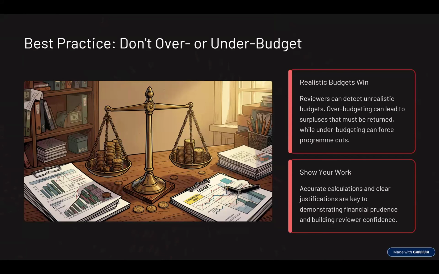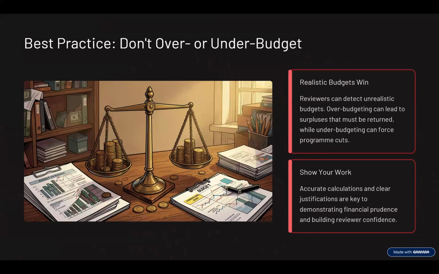Then best practice is to not over-budget or under-budget. A realistic budget matters because reviewers can detect unrealistic budgets. Over-budgeting can lead to a surplus that must be returned, while under-budgeting can force program cuts. Show your work.